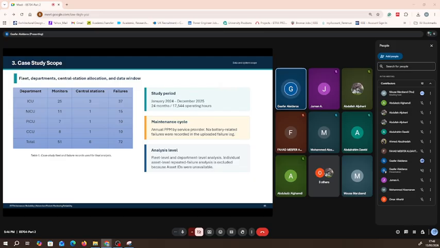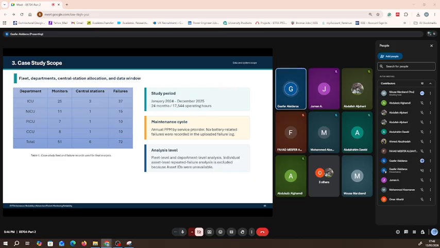NICU has 11 monitors and 1 central station with 15 failures. PICU has 7 monitors and 1 central station with 10 failures. CCU has 8 monitors and 1 central station with 10 failures. In total, the analysis includes 51 monitors, 6 central stations, and 72 closed failure records.